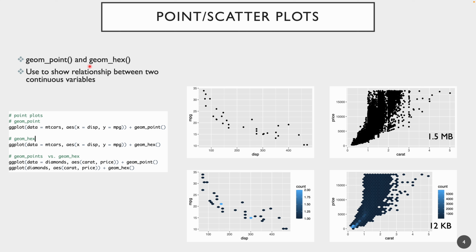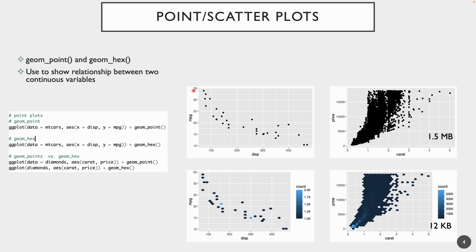The second most used one is the hexagon plots, which is realized by the geom_hex function. These point plots can show the relationship between two continuous variables placed on the x-axis and y-axis.